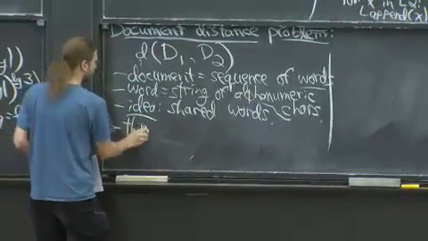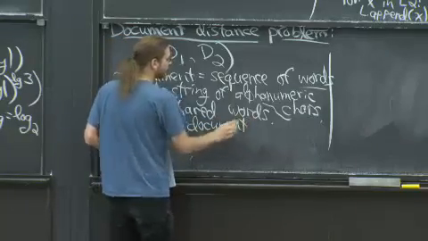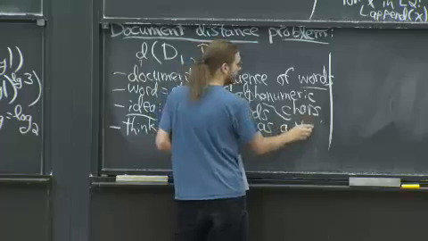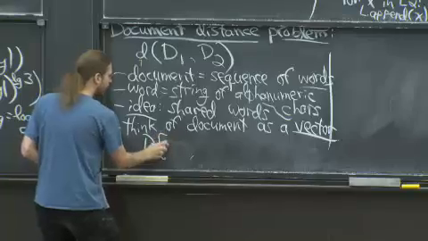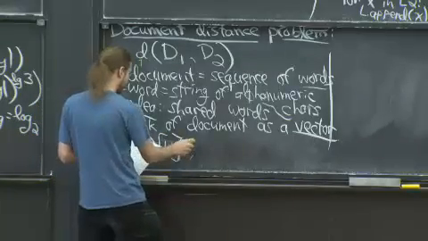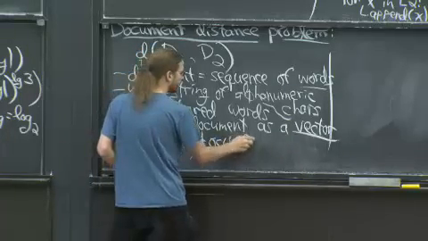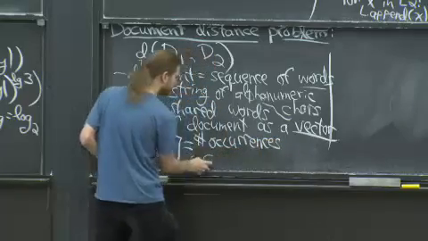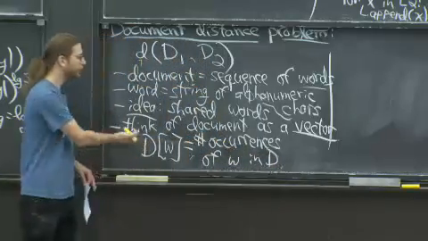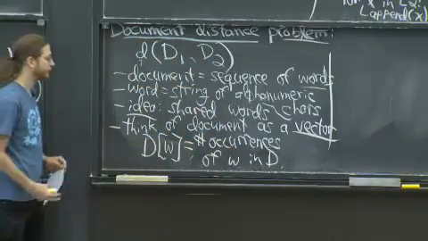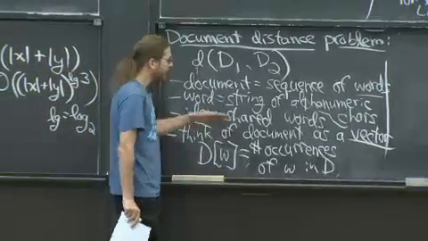I'm going to think of a document as a sequence of words, but I can also think of it as a vector. If I have a document D and a word W, then D of W is the number of occurrences of W in the document D. It's a non-negative integer: it could be 0, it could be 1, it could be a million.